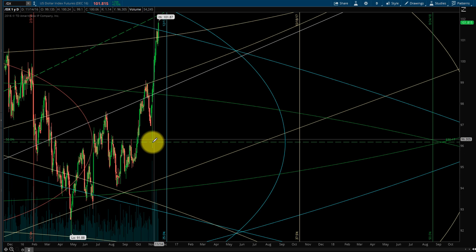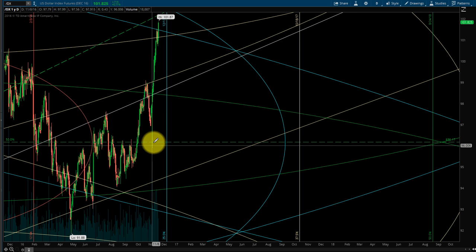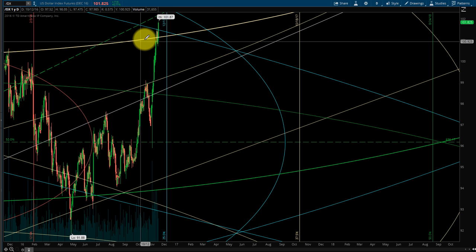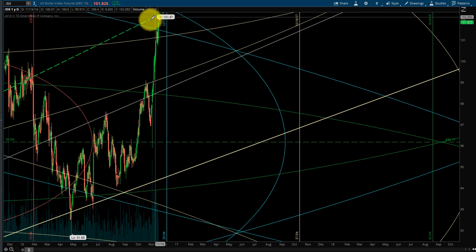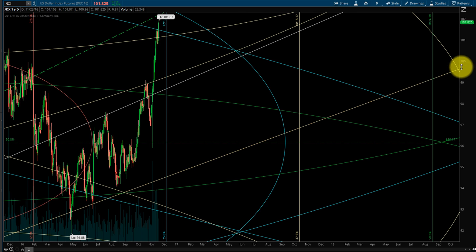So you can see that in November, the U.S. presidential elections, once Trump was getting momentum, it spiked down, found support at the 50, and popped right back up. It broke through some of these arcs, and it looks like it wants to get above this 45-degree angle going up.